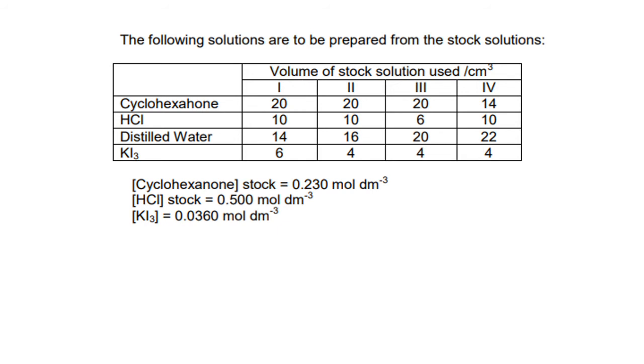Now, if you look at the 4th trial, you will see that everything is the same, but with respect to 2 and 3, 2 and 1, there is only the reduction of cyclohexanone.